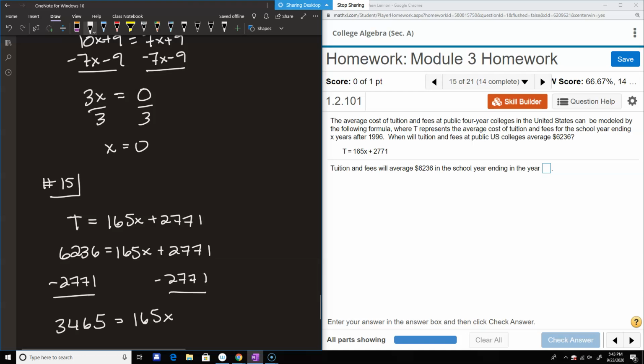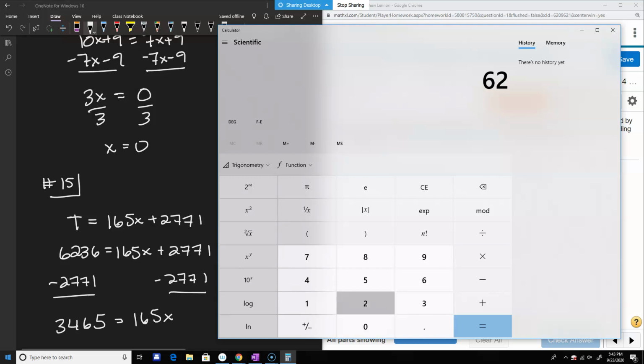Is that right? 6,236 minus 2,771 is 3,465. Okay, and then we want to divide that by 165, which is 21.